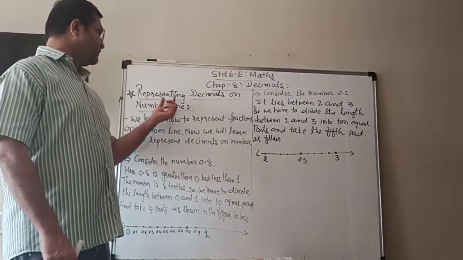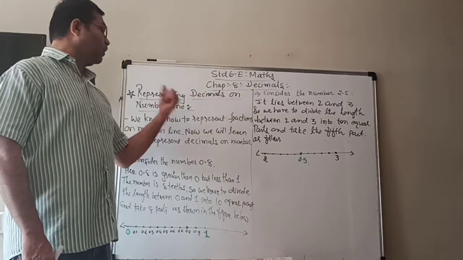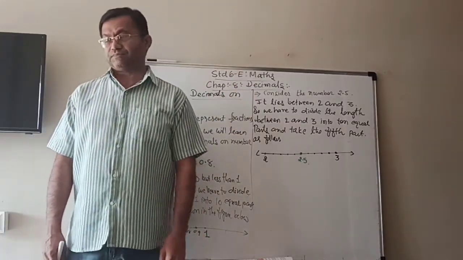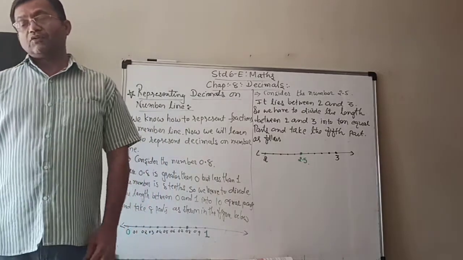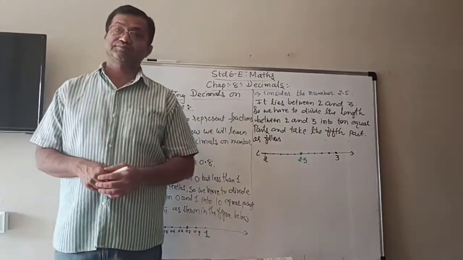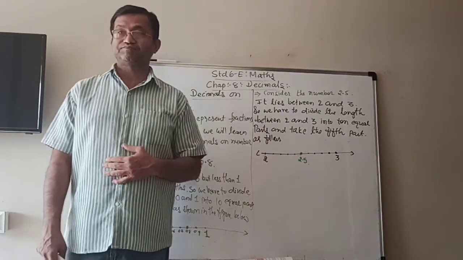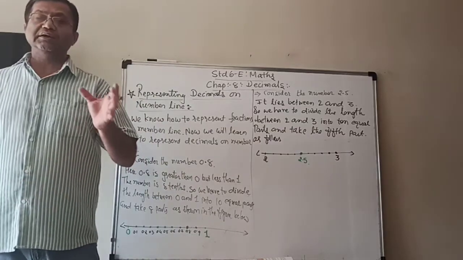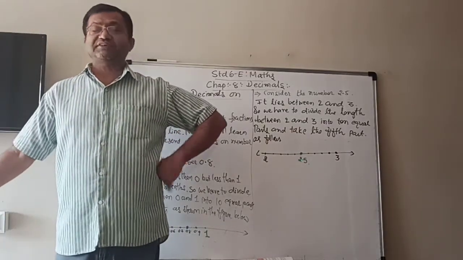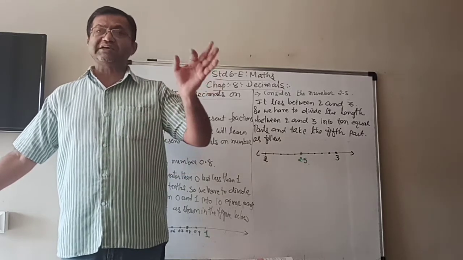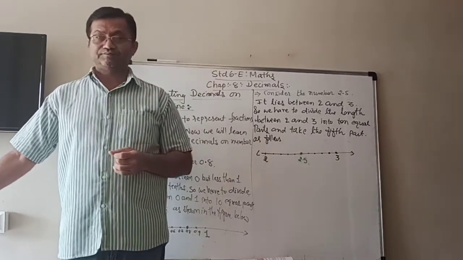Now representing decimals on number line. In the previous chapter we learned how to represent fractions on number line, in which we saw that if the fraction is a proper fraction, it always lies between 0 and 1.